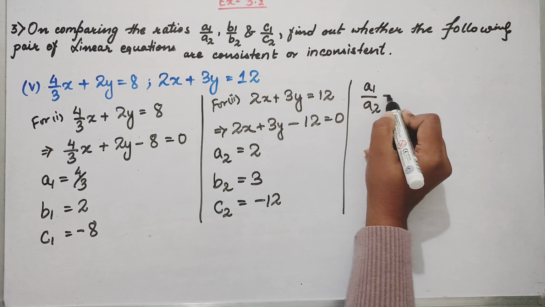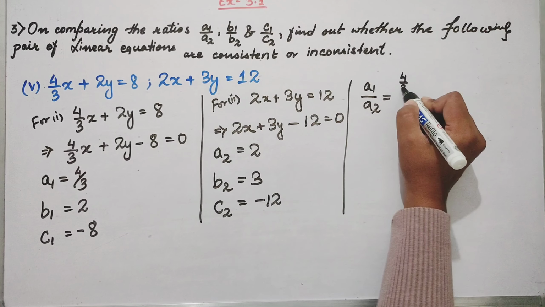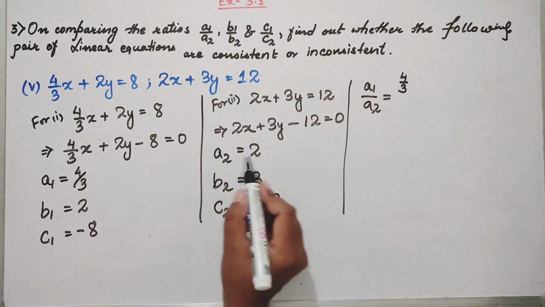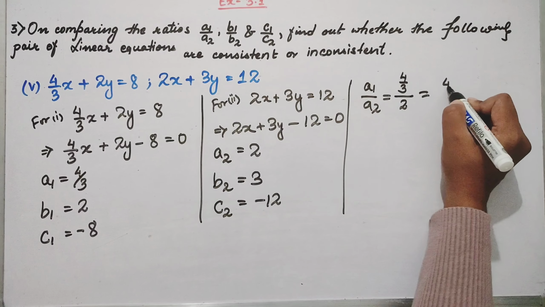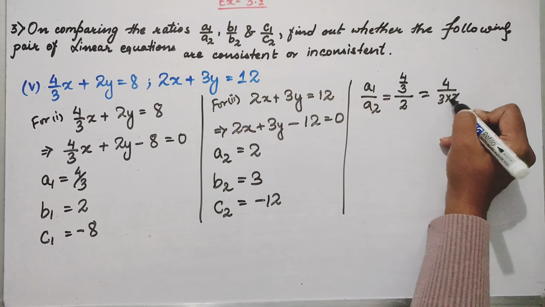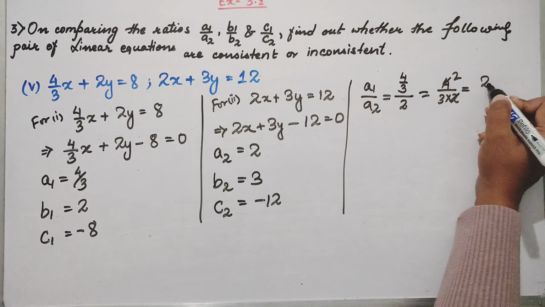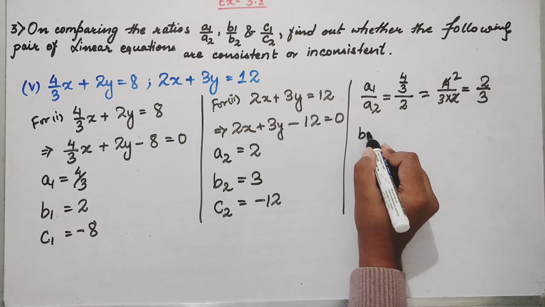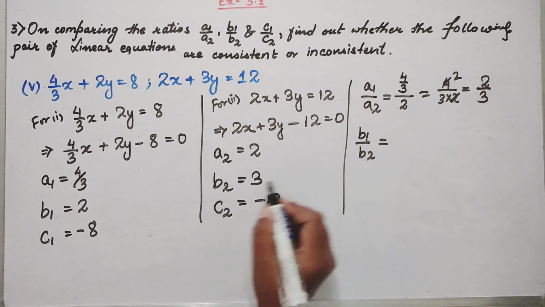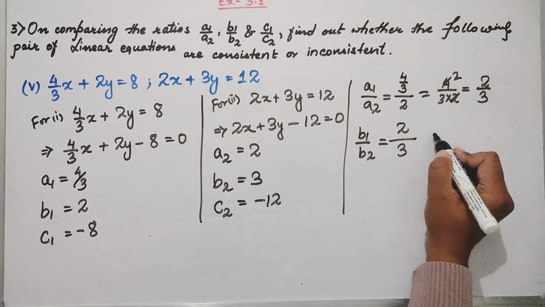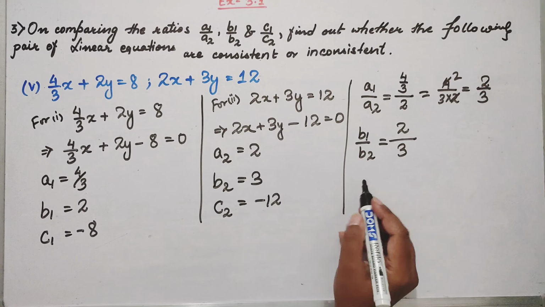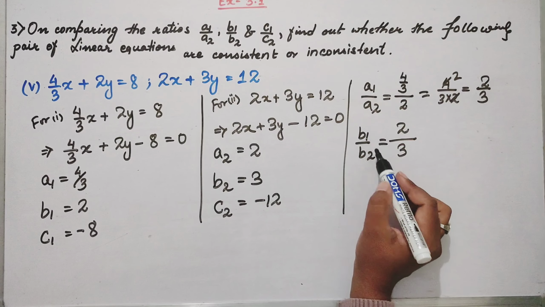Let us check the ratios. a1 by a2 is equal to 4 by 3 into 2, or 2 by 3. b1 by b2 is 2 by 3. Here we can see a1 by a2 is equal to b1 by b2.